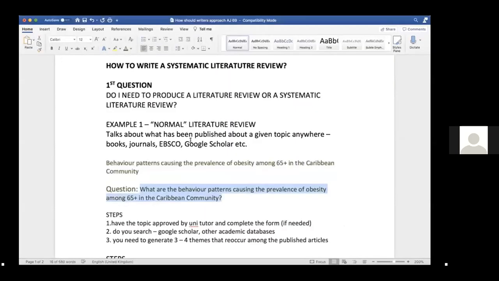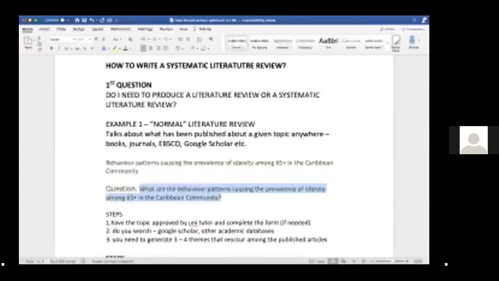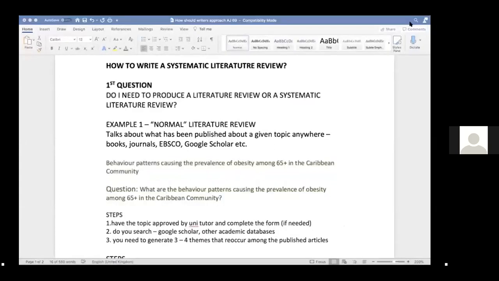I will go on to an academic database. Okay, type this. Hopefully you can see the same thing that I can see. Maybe not, bear with me.